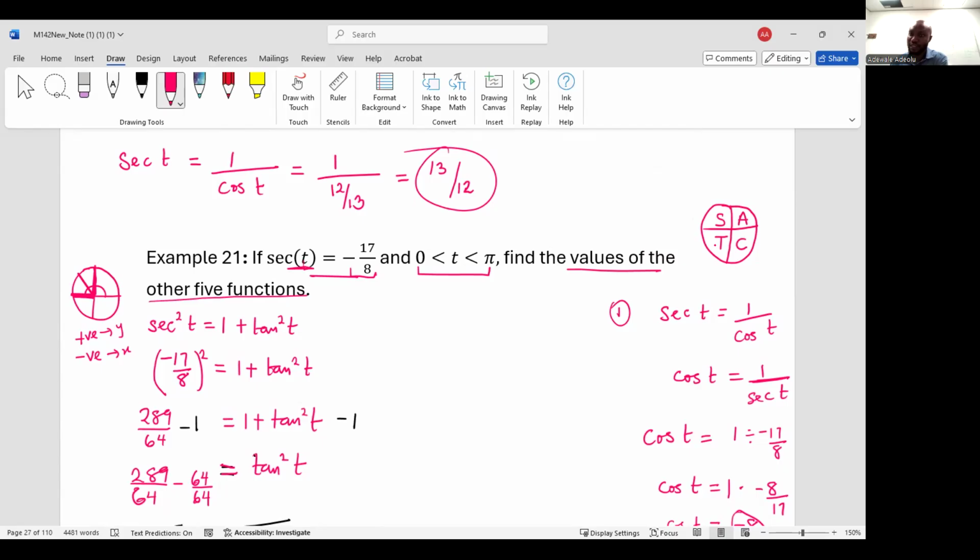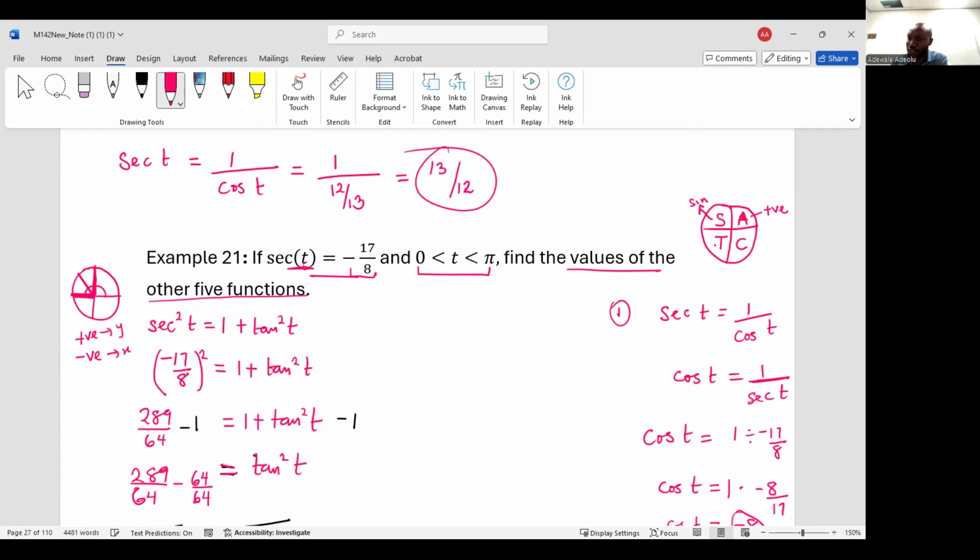What that means is that all the trig functions here will be positive. Everything is positive here in the first quadrant. Only sine is positive here.